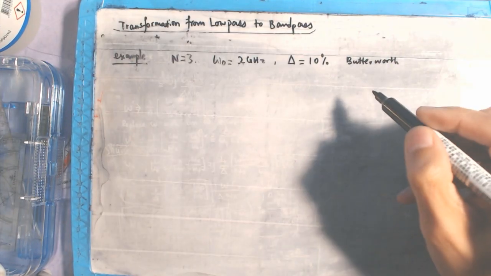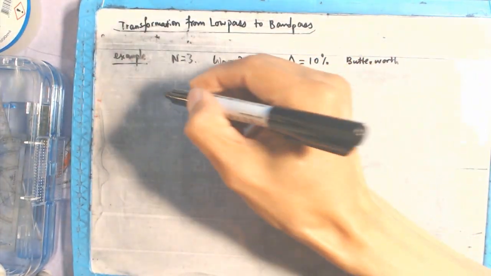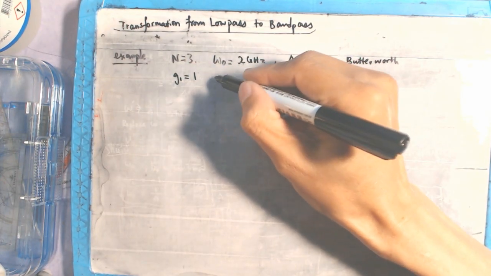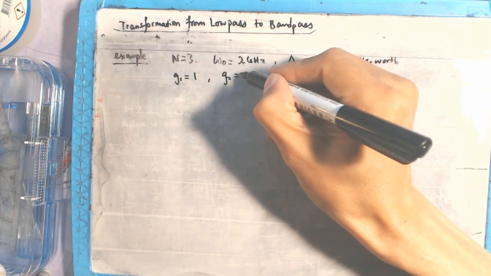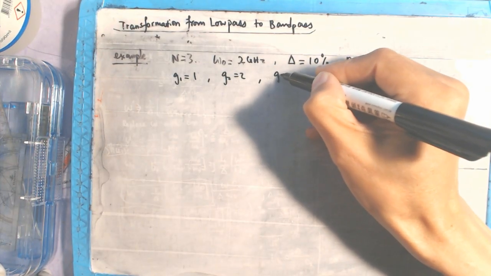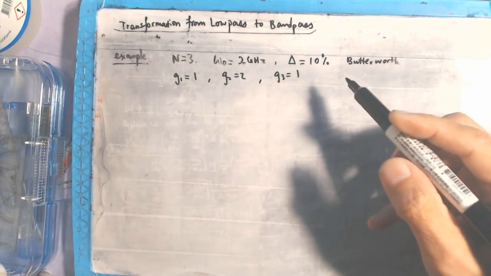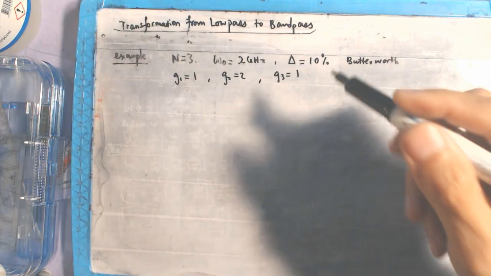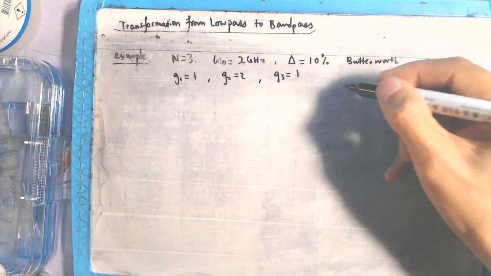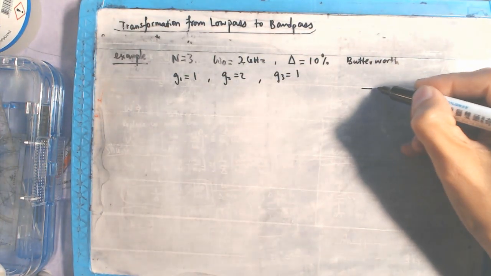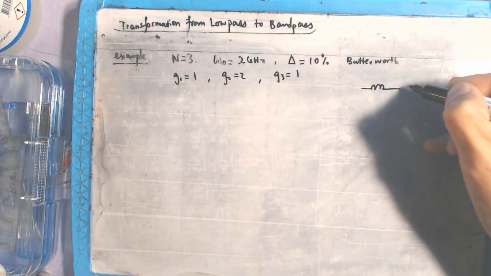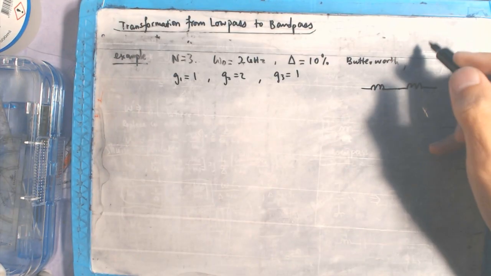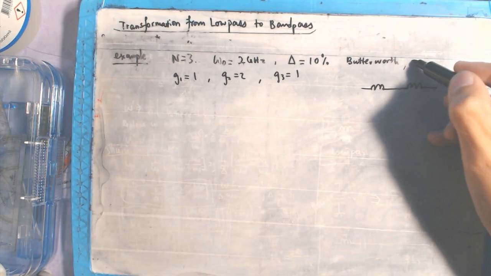So you get G1 equals 1, G2 equals 2, G3 equals 1. So this is your low pass filter. And in low pass, I also need to show the reference impedance is 50 ohm.